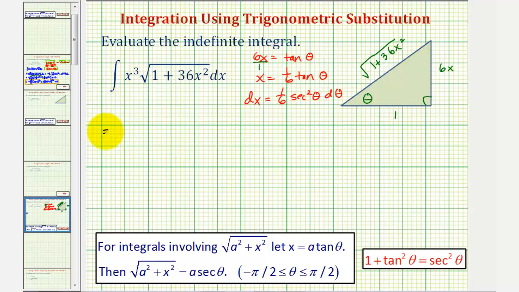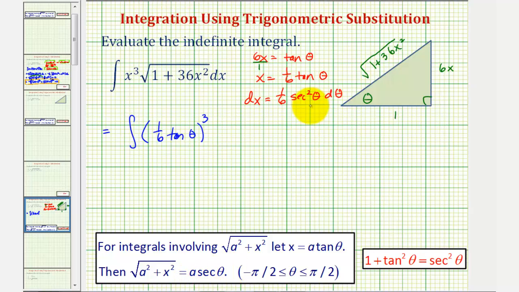So this is going to be equal to the integral x cubed would be equal to 1/6 tangent theta cubed. And then the square root of 1 plus 36x squared will simplify to a secant theta, or in our case just secant theta. Let's go ahead and show that.